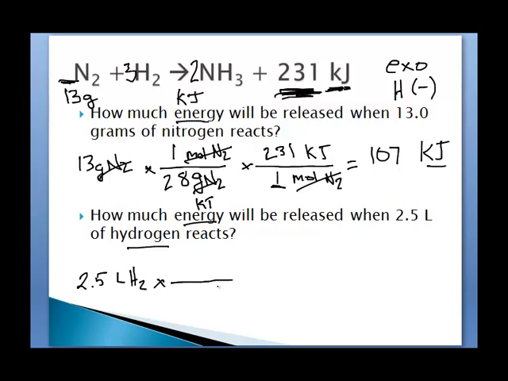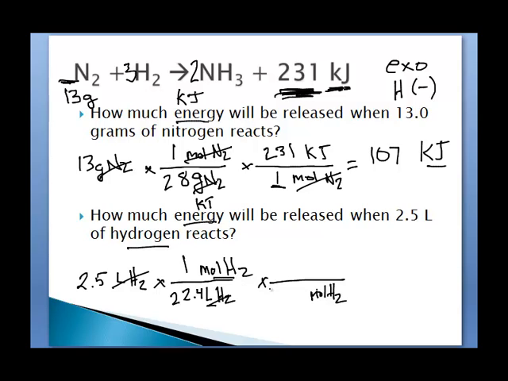So we're going to put liters of hydrogen in the denominator, and again we're going to go to moles of hydrogen. And if you remember from our dimensional analysis, there's 22.4 liters of hydrogen per mole of hydrogen. We're assuming that this all takes place at standard conditions. So our liters cancel.